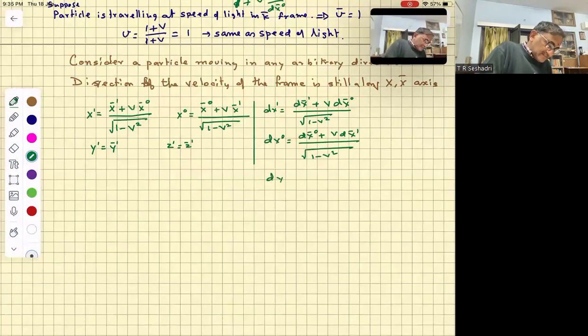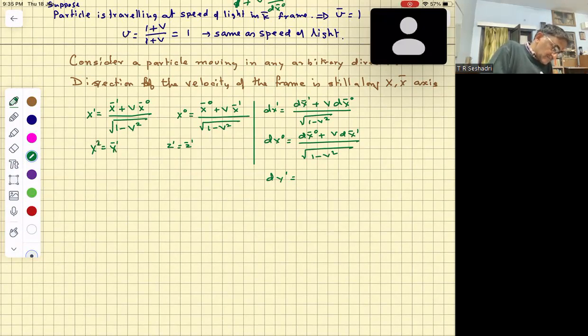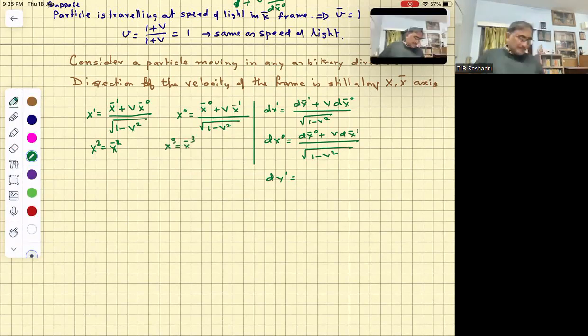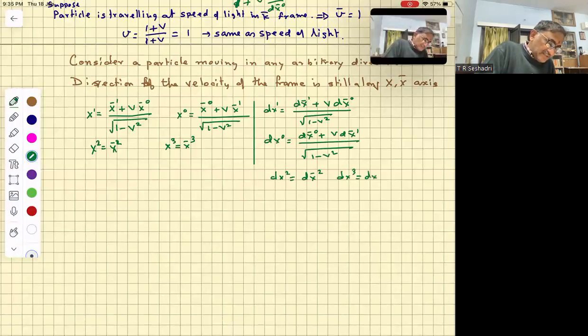And dx2 is equal to dx bar 2, dx3 is equal to dx bar 3.